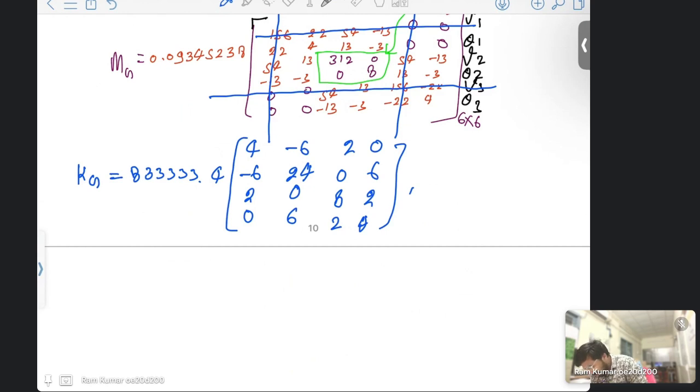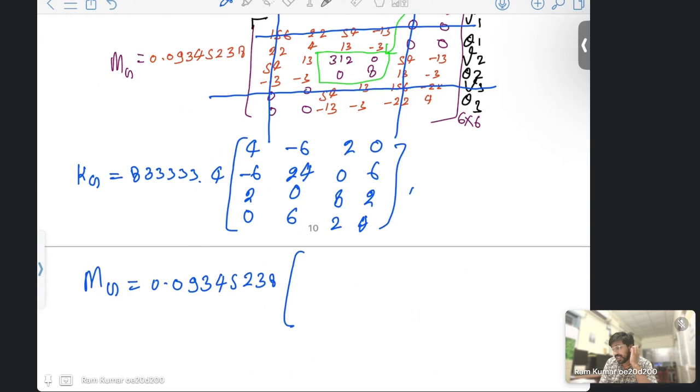And what will be our mass? Mg will be 0.09345238. Just you also verify. I will ask you again. So just check that I'm not doing anything wrong. So I will ask you to verify.